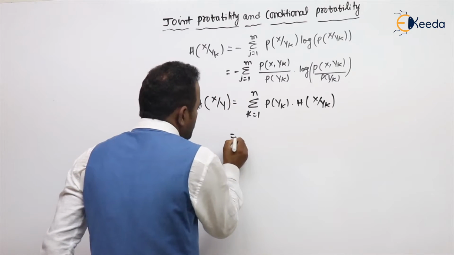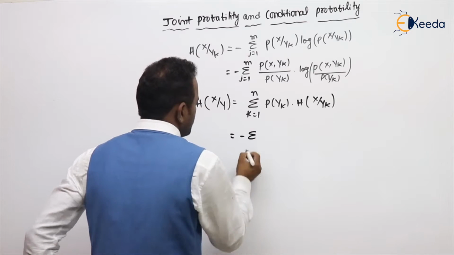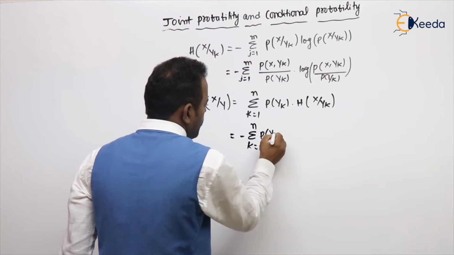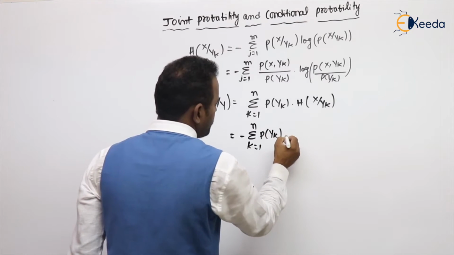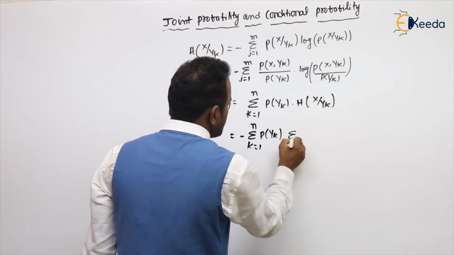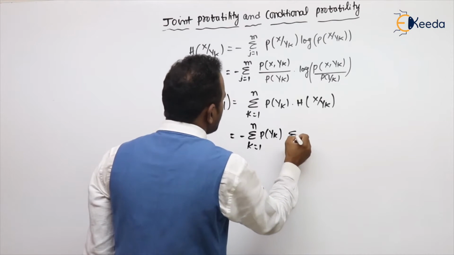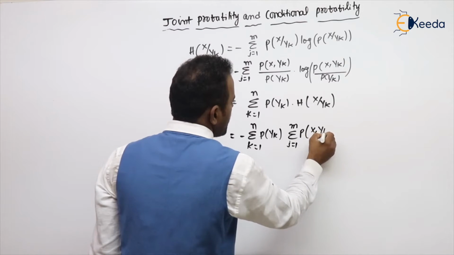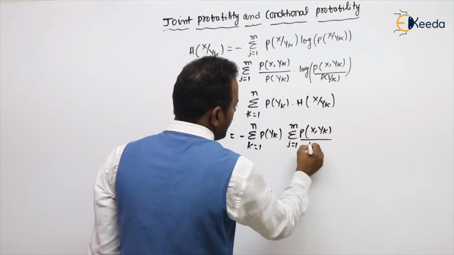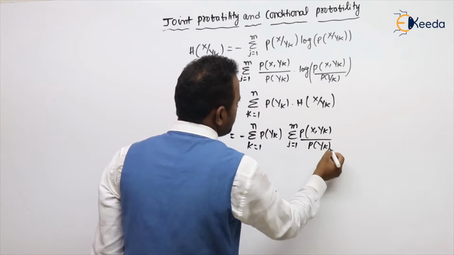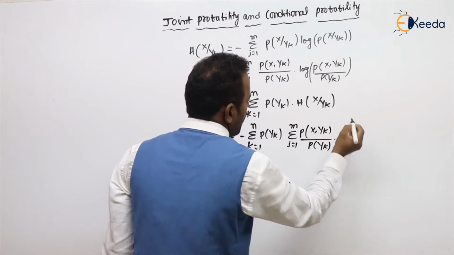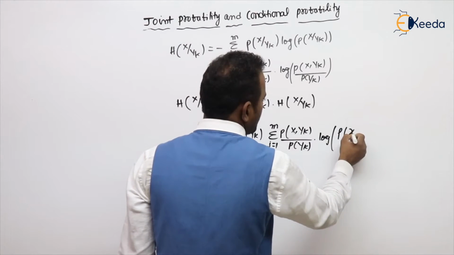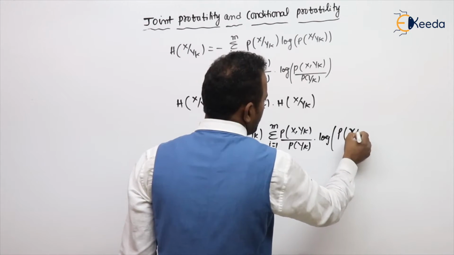Now substitute this value there, then it will be minus summation k equal to 1 to n, p of yk into, what is this value? Minus summation j equal to 1 to m, p of x comma yk divided by p of yk into log p of x by yk.